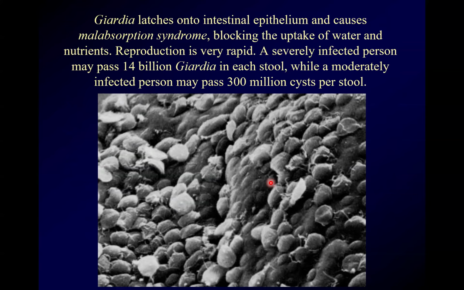And the result is that since you can't absorb water and nutrients through your intestine, they just pass on out of the body and you get diarrhea. Giardia can reproduce extremely rapidly. A severely infected person can pass 14 billion Giardias in each stool. So there, you don't want to get this.